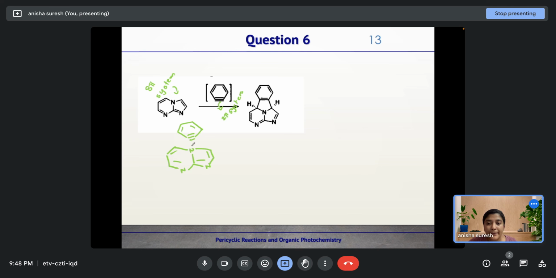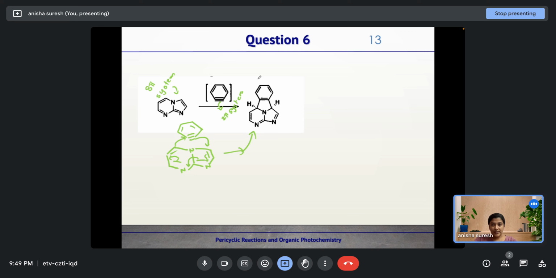So what will be happening? This will attack over here. It will come and attack here. This bond will shift. This bond will shift here. This bond will shift here. And we will get this product. So it is an example of 8 pi 2 pi cycloaddition.